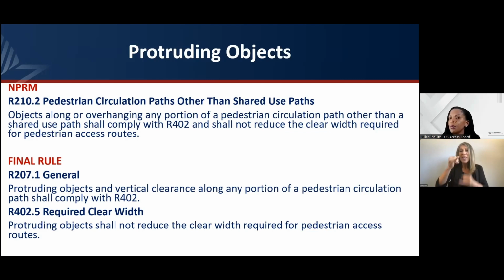In the final rule, we have a scoping provision at R207.1, which requires that protruding objects and vertical clearance along any portion of a pedestrian circulation path comply with R402. And at R402.5, we address not reducing the required clear width. So protruding objects cannot reduce the clear width required for pedestrian access routes. Again, this requirement remains the same, it's just structured differently.